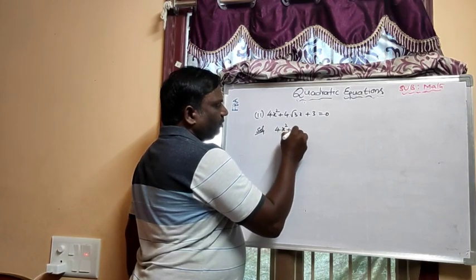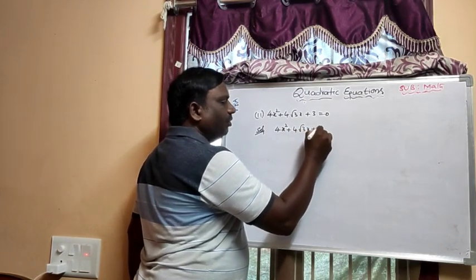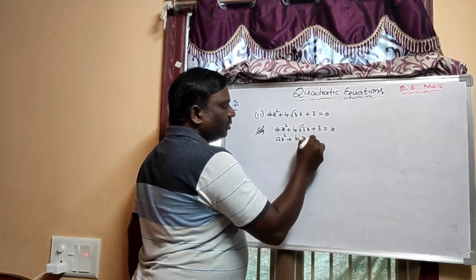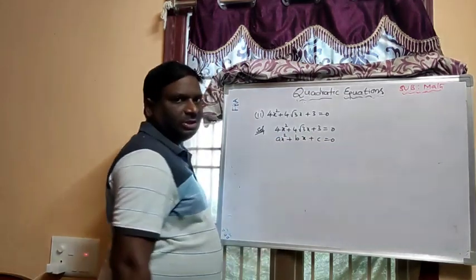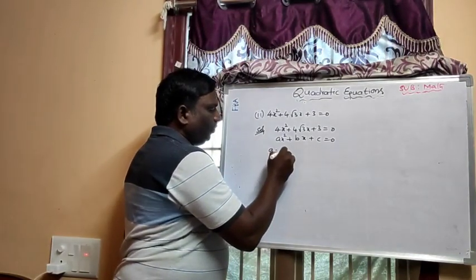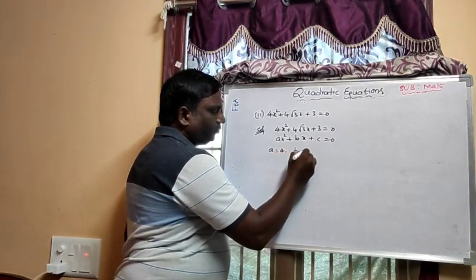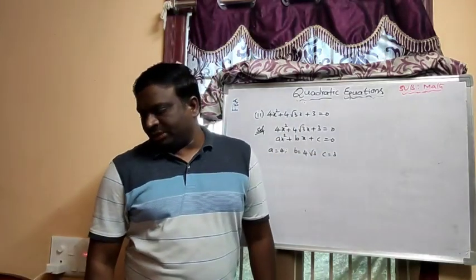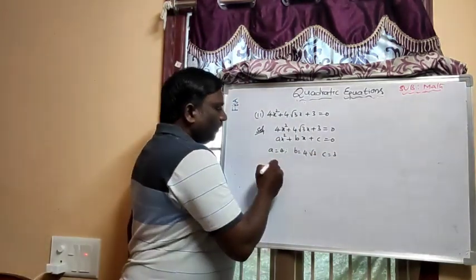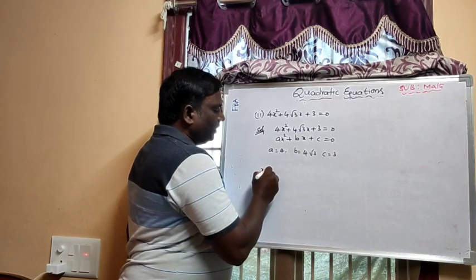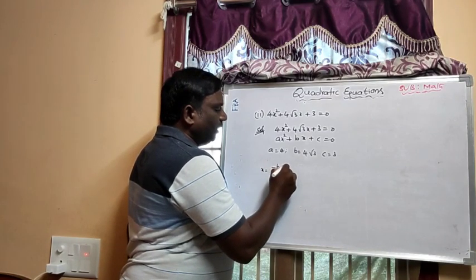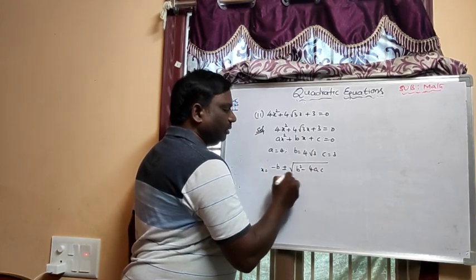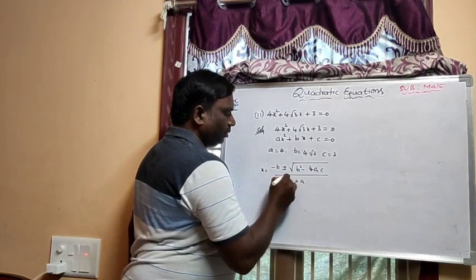4x square plus 4 root 3x plus 3 equal to 0, and the general form of a quadratic equation is ax square plus bx plus c equal to 0. Here a equal to 4, b equal to 4 root 3 and c equal to 3. Now I am applying the formula method. What is the formula method? X equal to minus b plus or minus square root of b square minus 4ac by 2a.